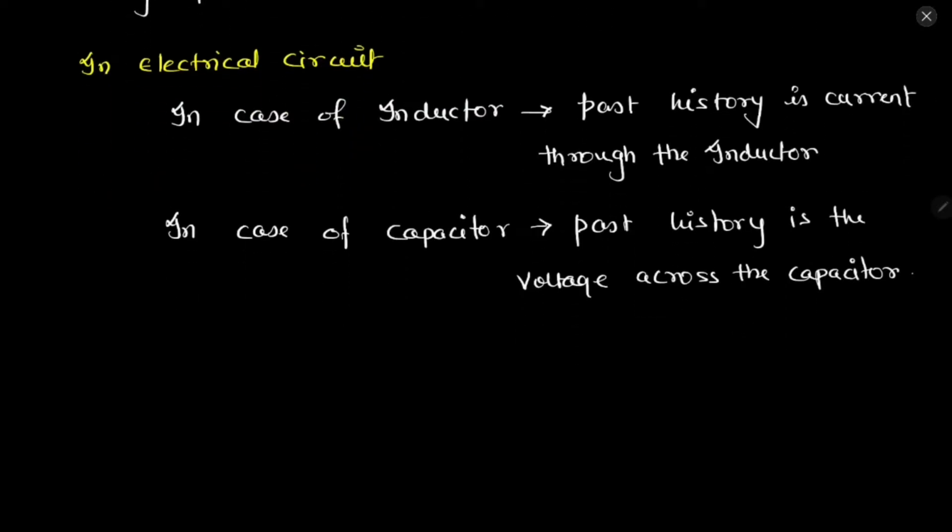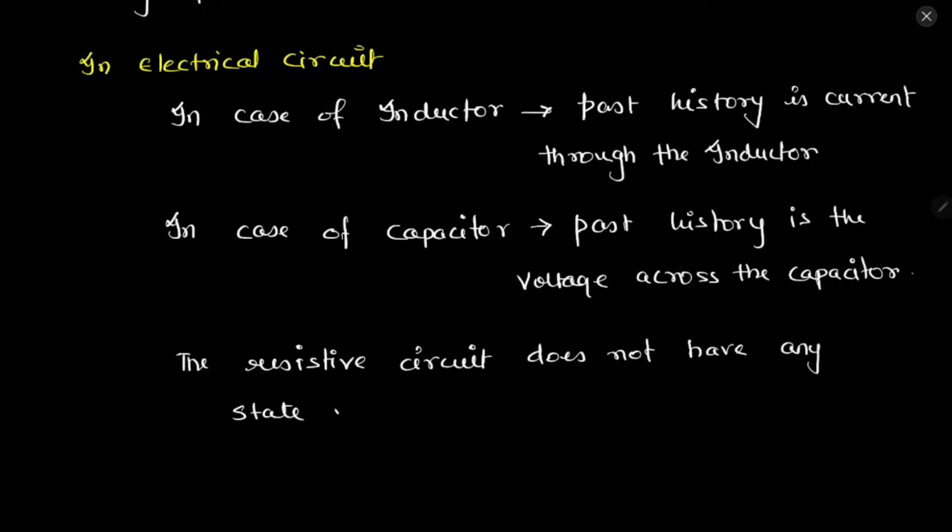What about a resistive circuit? Does a resistive circuit have some state variable or not? So the resistive circuit does not have any state variable, because the output of the resistive circuit does not depend on any past history of the system.